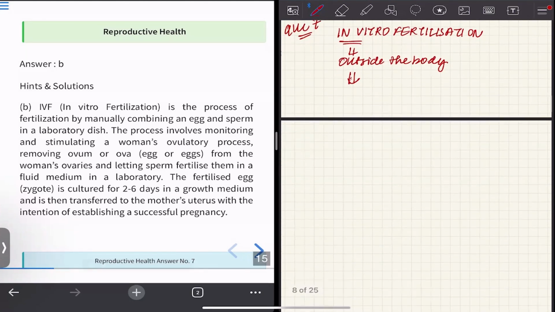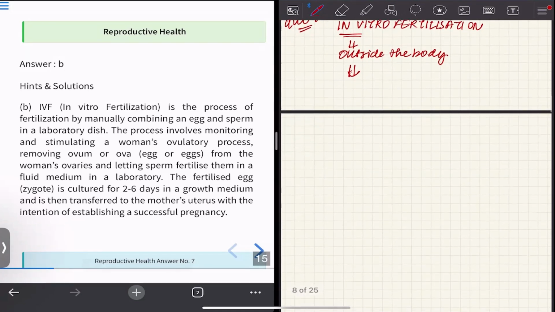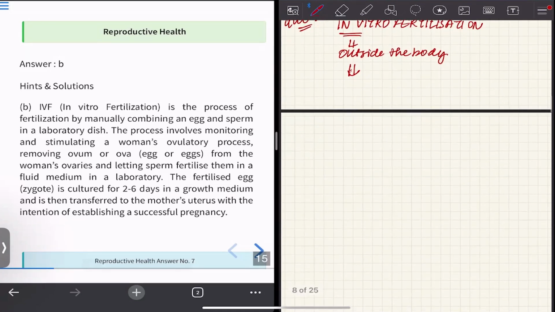So, the process involves stimulating an ovulatory process. We remove the ova, and it is fertilized with the help of sperm in a fluid medium.